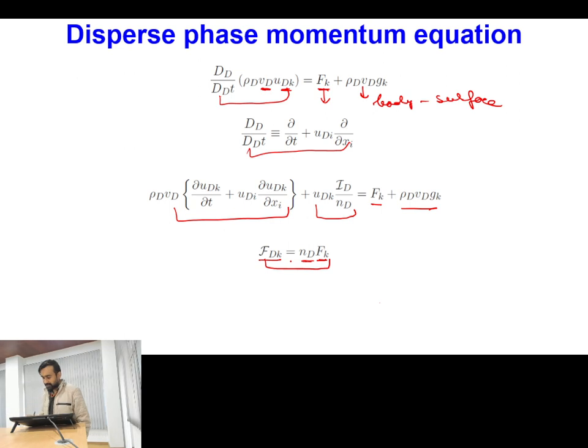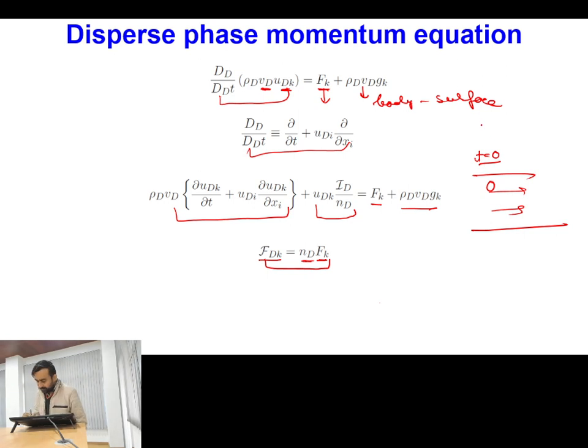This is the flow direction, and in this flow direction I have gently placed a dispersed phase particle, at time t equal to 0. So at this particular point the particle will have zero velocity.